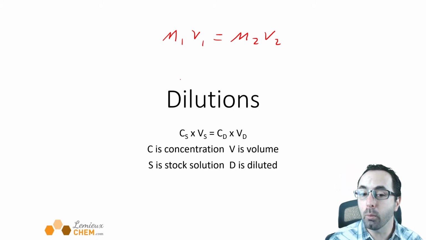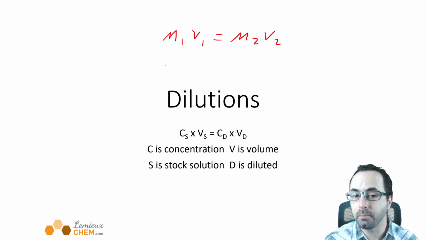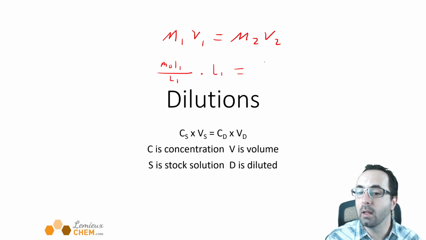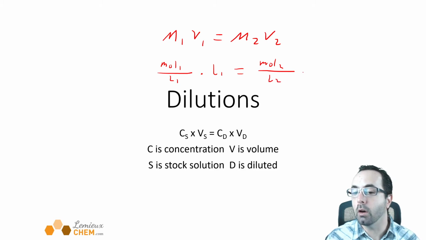And the reason why it works is because you're just adding the solvent. So let's say our solvent is water. And we have here molarity. This is going to be moles 1 over liters 1 times volume, liters 1. Then we'll have moles 2 over liters 2, a new volume, times liters 2.